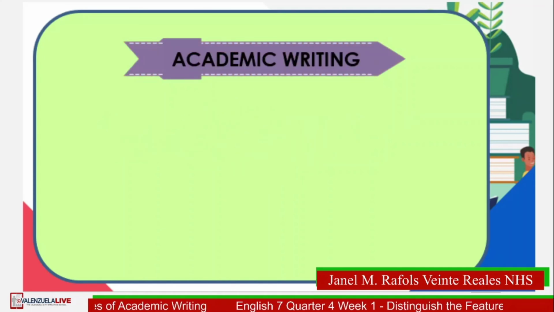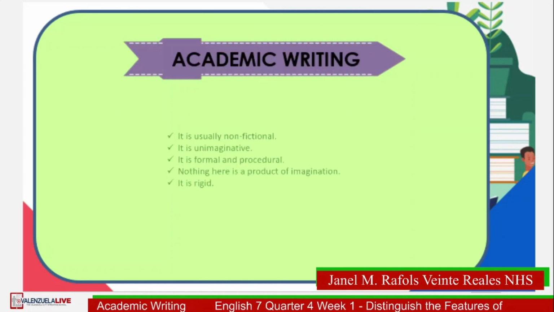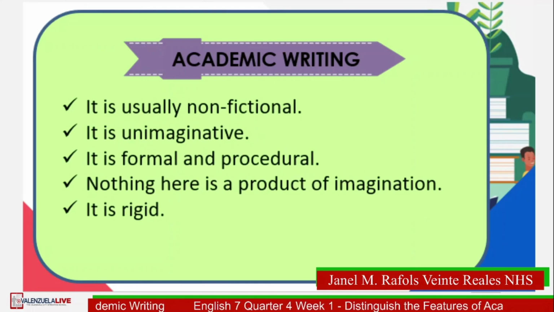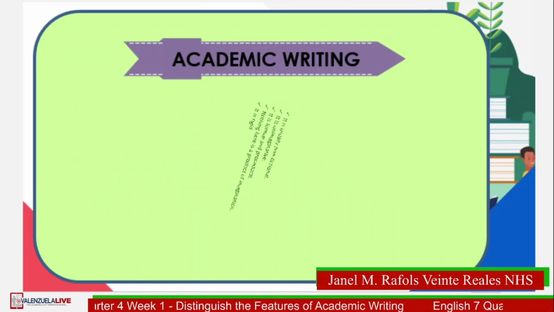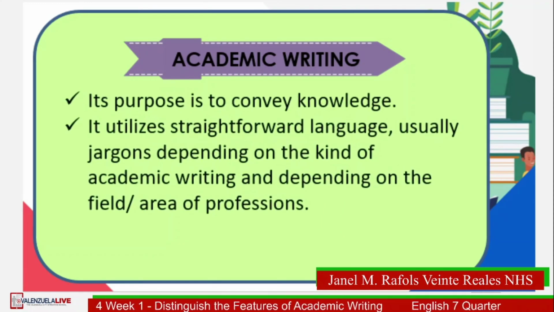For academic writing, remember, it is usually non-fictional. It is unimaginative. It is formal and procedural. Nothing here is a product of imagination. It is rigid. Its purpose is to convey knowledge.